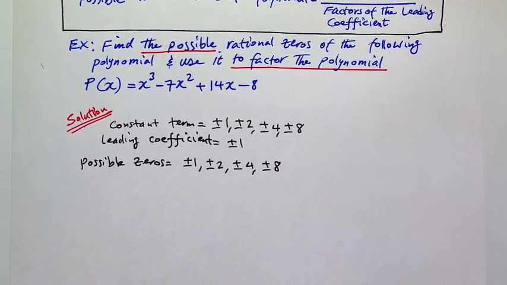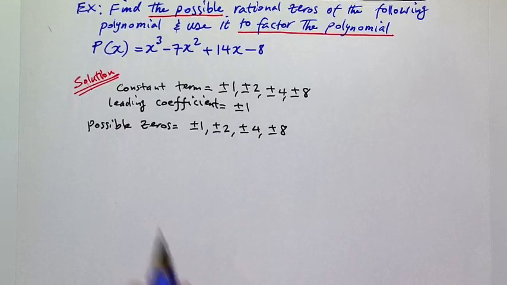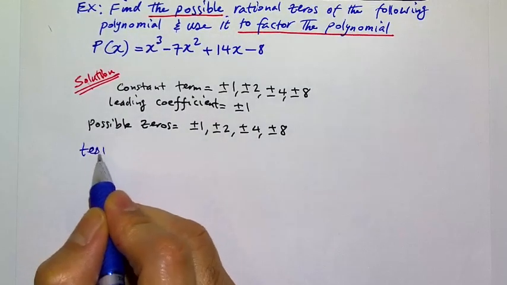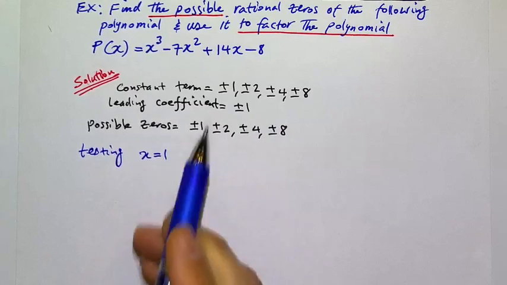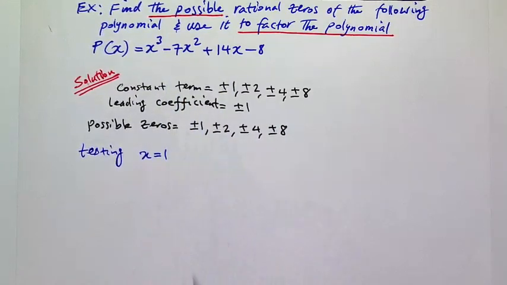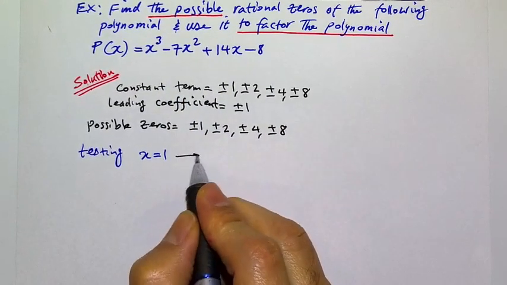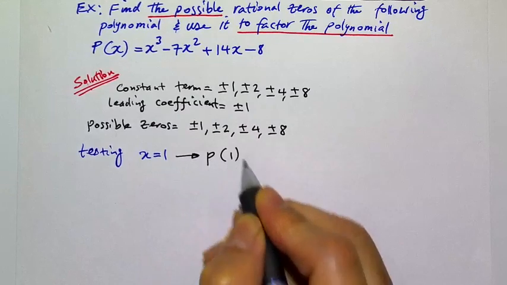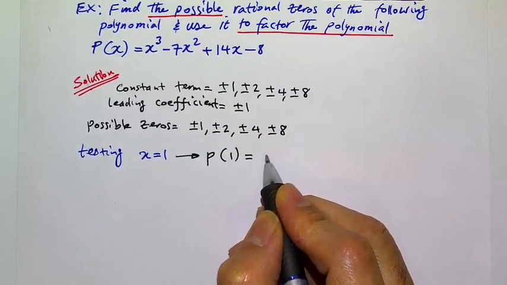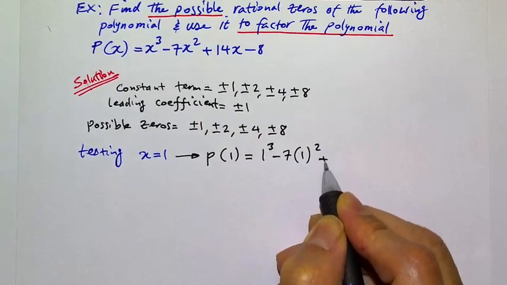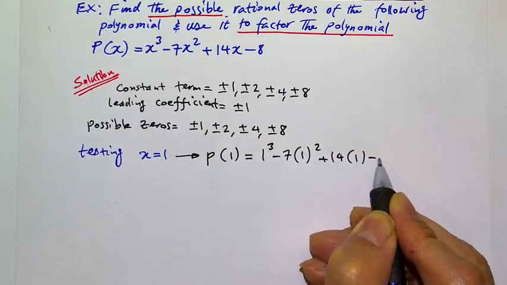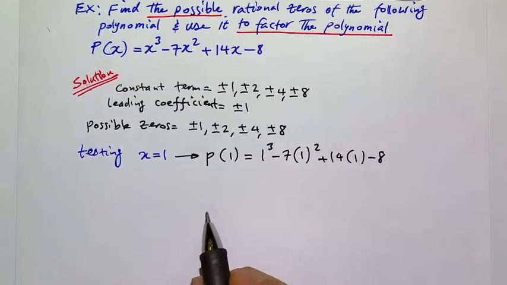Okay, so testing x equals 1 in this polynomial, we get 1 cubed minus 7 times 1 squared plus 14 times 1 minus 8.